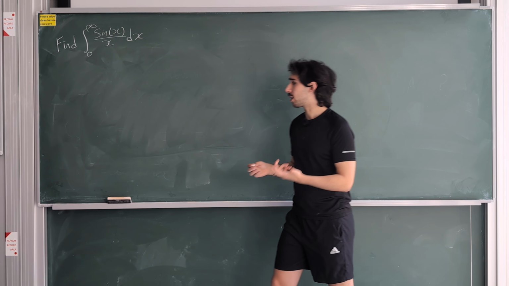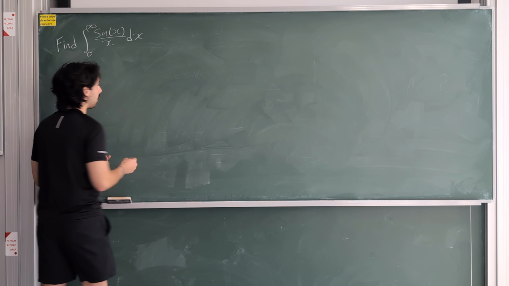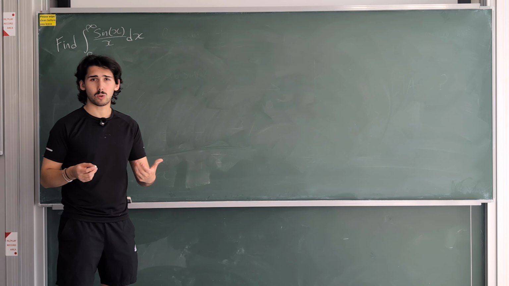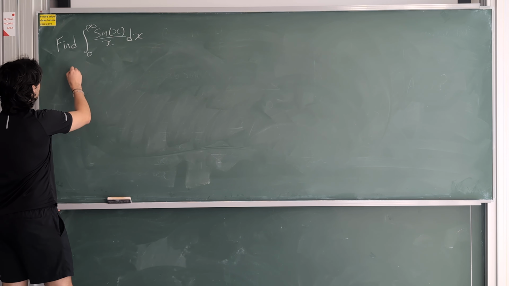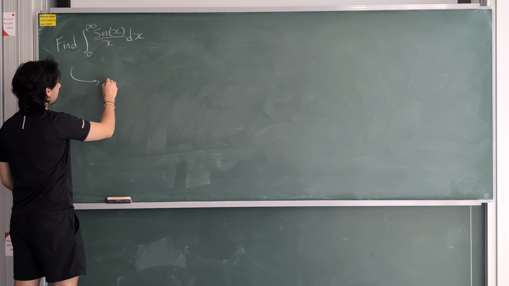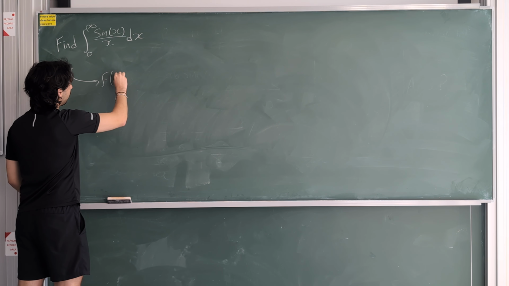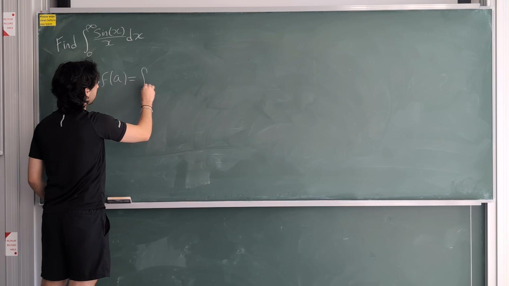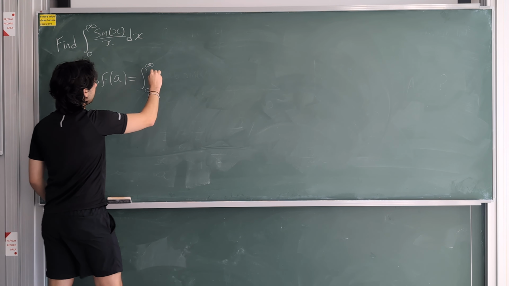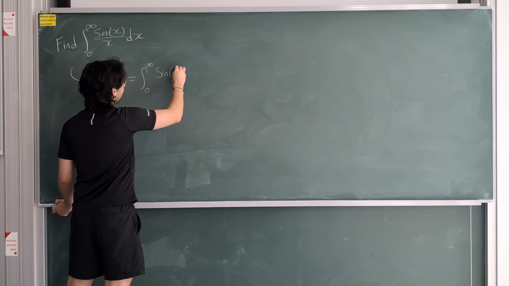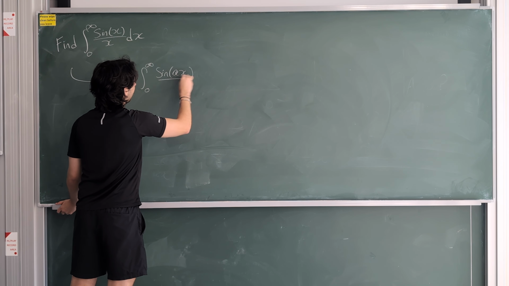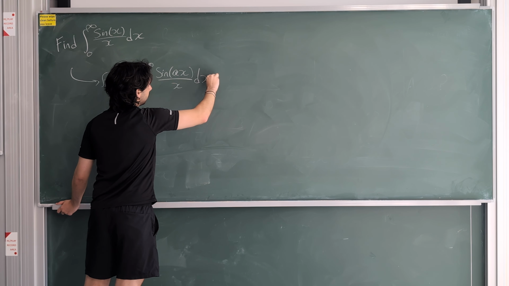If I introduce a variable inside of the sine function and then differentiate the integral, I can cancel it out. So I'm going to make up a function, let's say f of a, to be the integral from 0 to infinity of sine of ax over x dx.